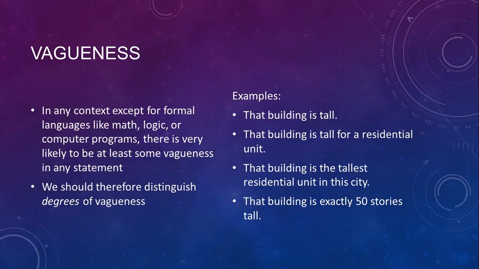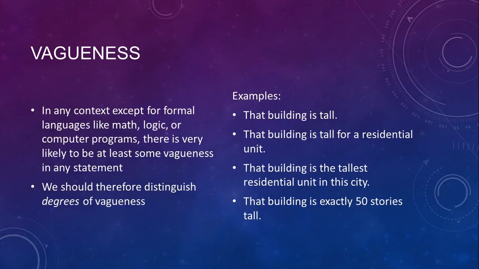So that building is tall is pretty vague. That building is tall for a residential unit is less vague, right? You've given more detail and more context. That building is the tallest residential unit in this city might uniquely pick out one building, right? It's still not telling you exactly how tall the building is, but it's nonetheless uniquely picking out one object.